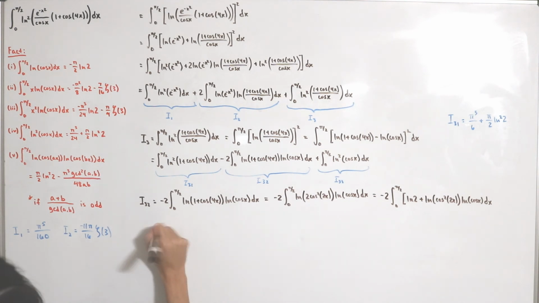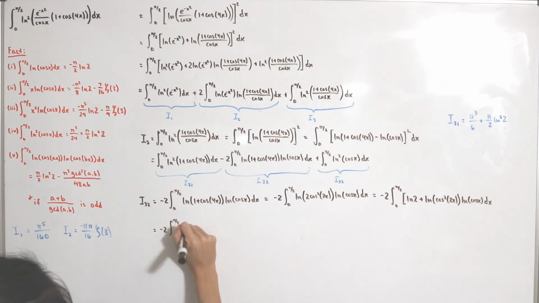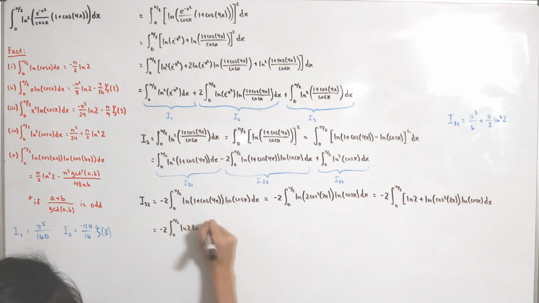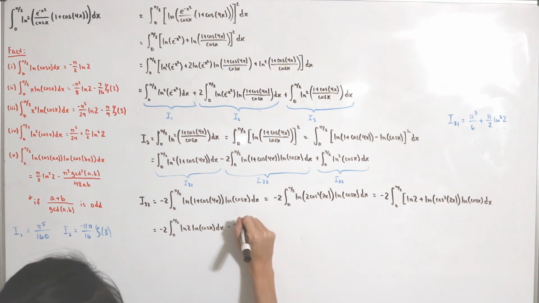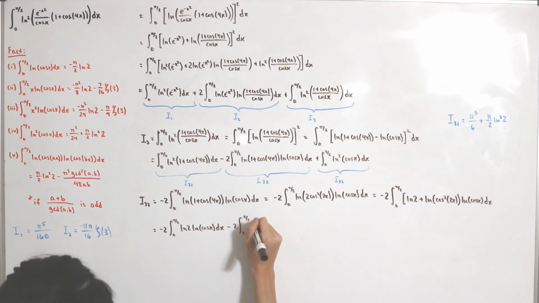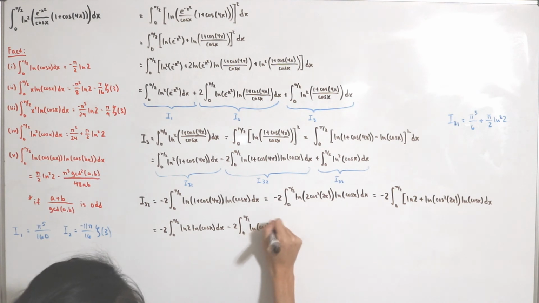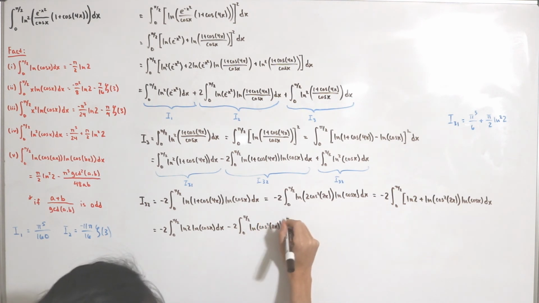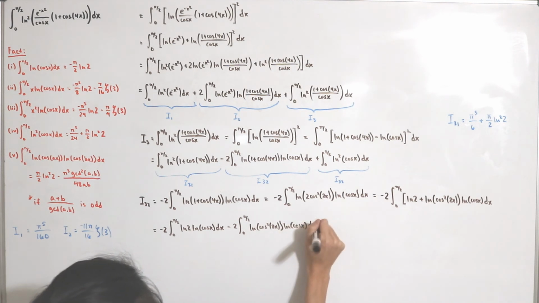So now we have that it's negative 2 times the integral from 0 to pi over 2 of ln of 2 multiplied by ln of cosine x dx, and then that's also minus 2 times the integral from 0 to pi over 2 of ln cosine squared of 2x, and then multiply by ln of cosine x dx.